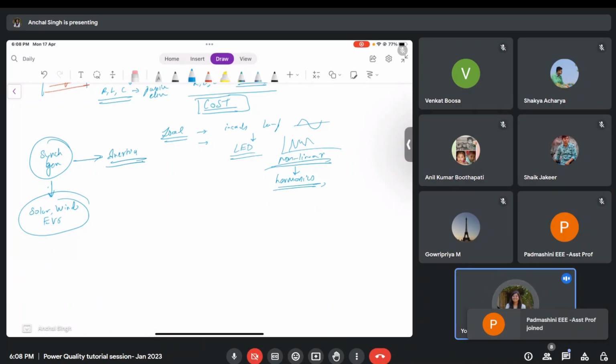So far, for decades, we have been using synchronous generators and it was working fine. But now we have realized that there is climate change, and we have a limited amount of non-renewable resources, and we need to take care of them. We cannot use them in an unlimited manner.